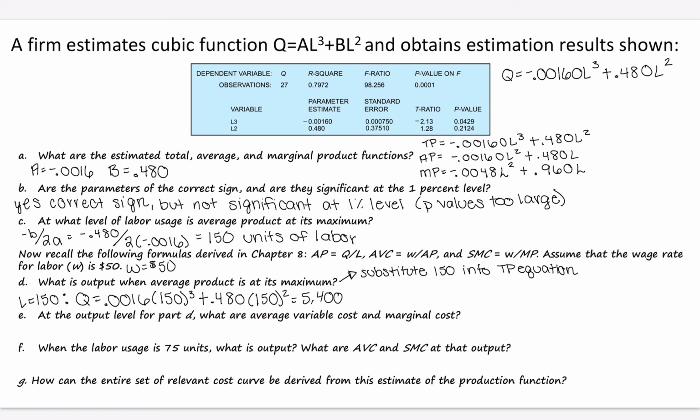At the output level for Part D, what are average variable cost and marginal cost? So first we need our average product. Q divided by L is going to be 5,400 divided by 150 equals 36.